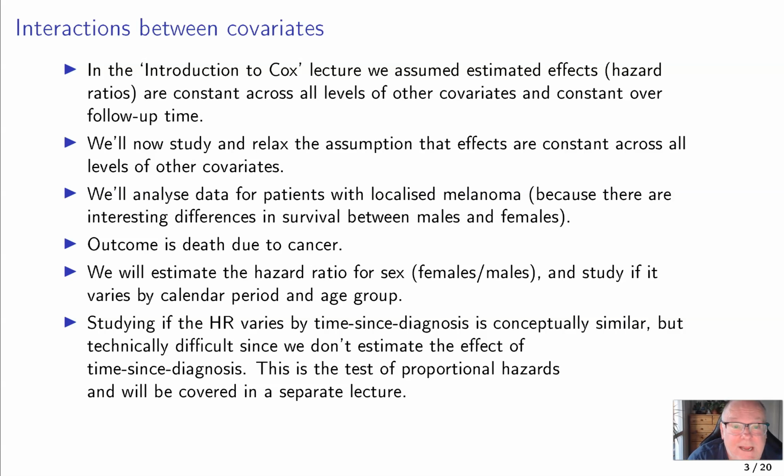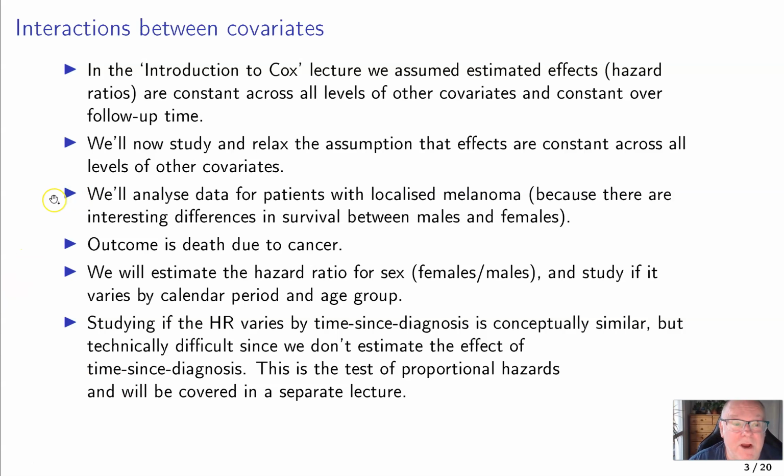Now, during this lecture, we're just going to look at the assumption that the covariate effects are constant for the other covariates. Studying that they are constant over time is slightly special because we don't estimate the effect of time, and that's the assumption of proportional hazards. So it's conceptually the same, but it's technically a little bit more difficult.